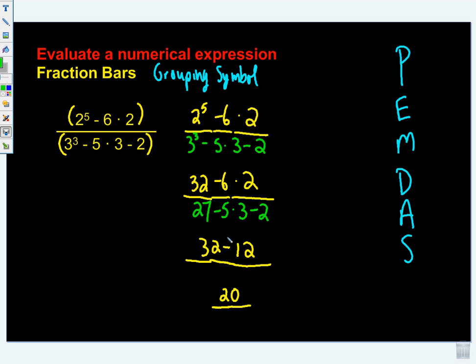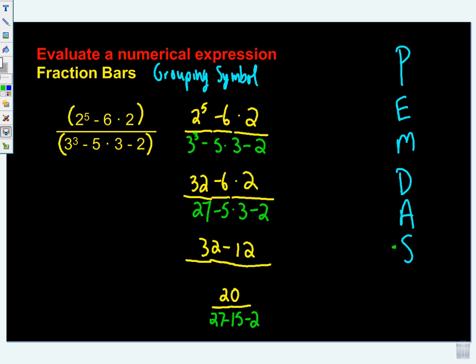So I'm left with 27 minus 15 minus 2. Now the only operation left is subtraction, so I can go ahead and evaluate everything from left to right here. 27 minus 15 leaves us with 12, and 12 minus 2 does in fact leave us with a total of 10.